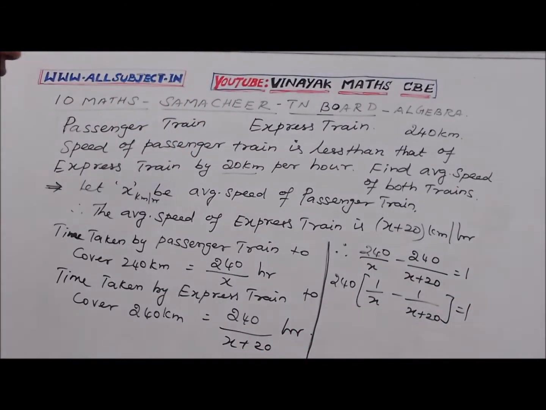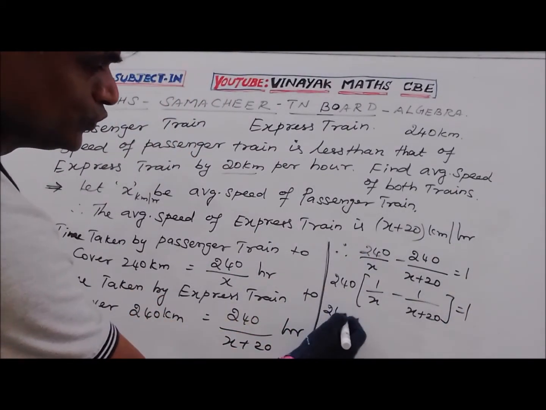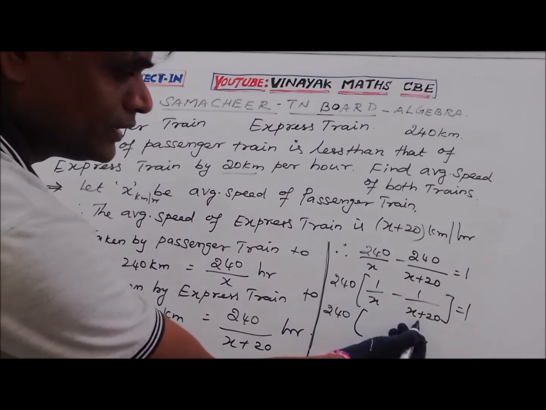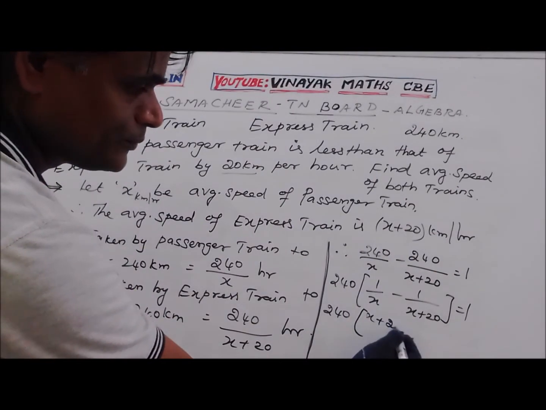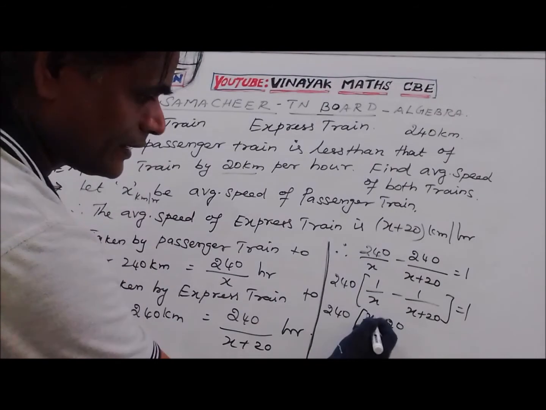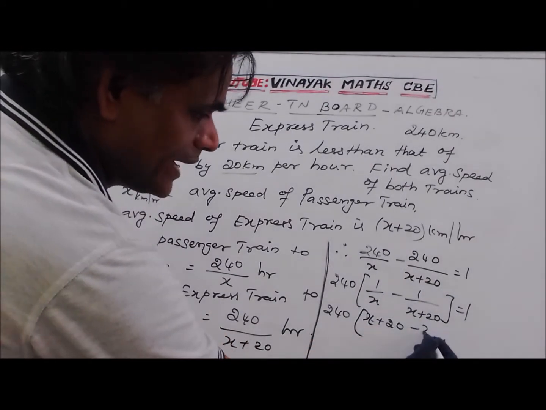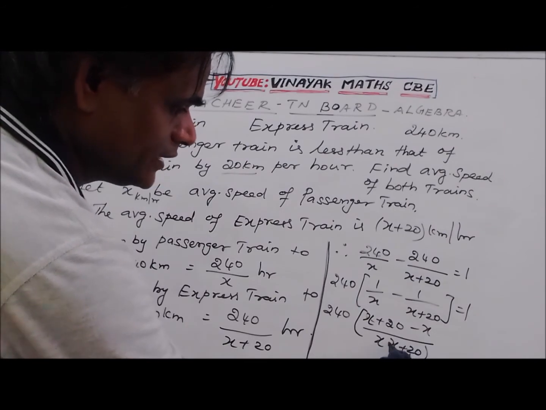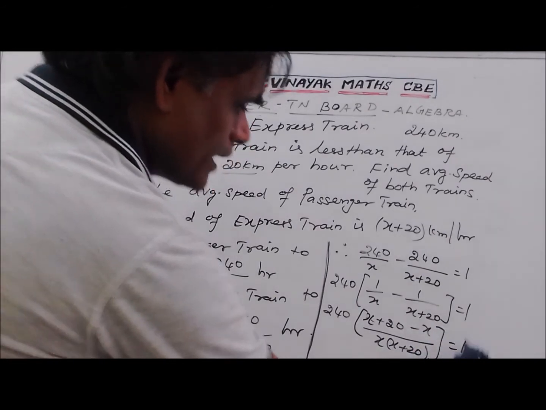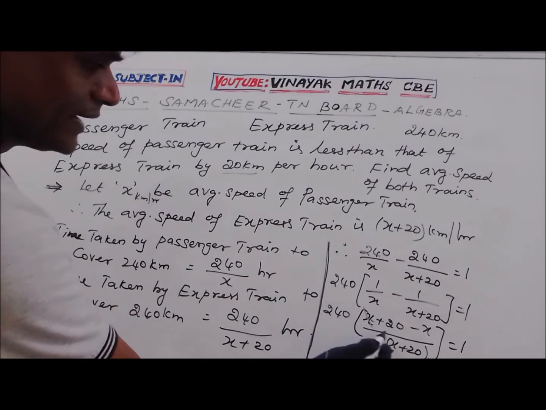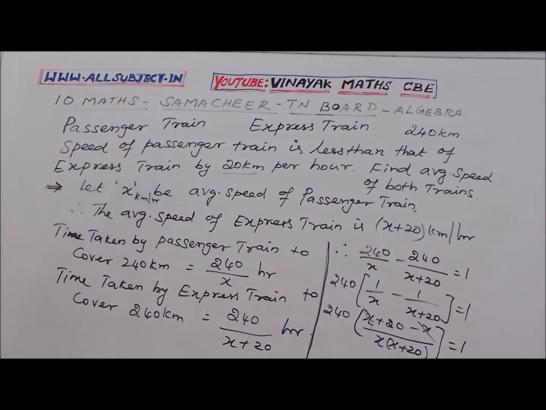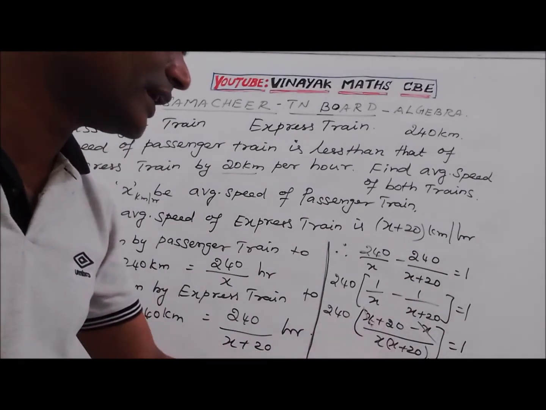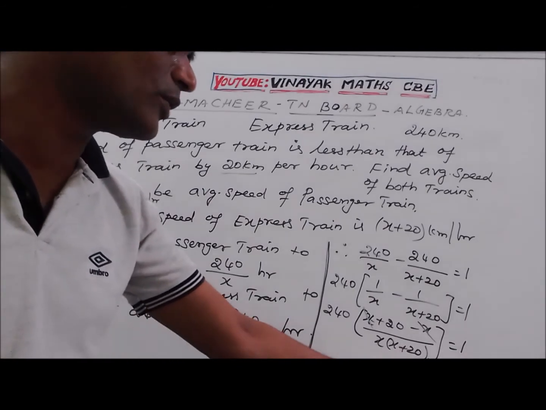Cross multiplying, 240 into x plus 20 minus x, divided by x into x plus 20, equals 1. Now x and minus x get cancelled. Remaining is 240 into 20 divided by x into x plus 20 equals 1.